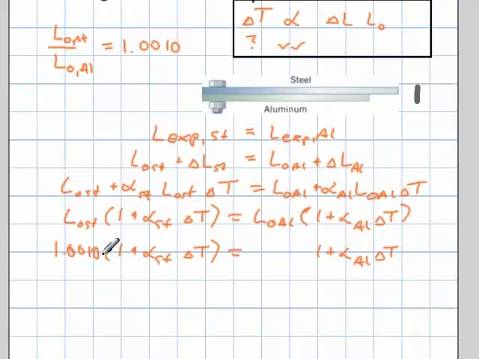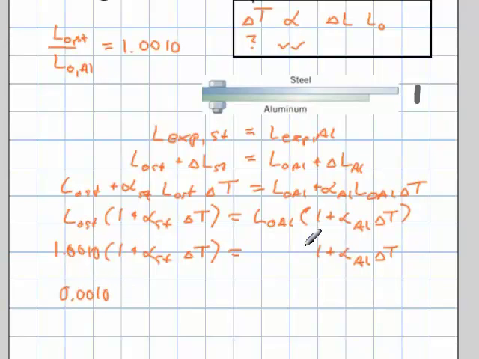Okay, in the next step, I'm going to multiply this in here, so I'm going to have 1.001 plus 1.001 times the alpha and the delta T, and the right hand side stays the same, but then I noticed that I subtract the 1 from the left hand side, and so that will be a 0.0010.